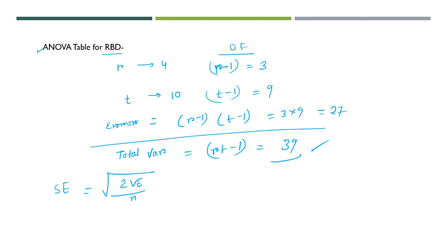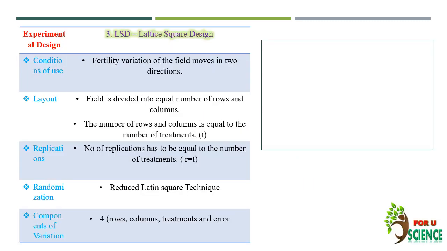Then if we see the efficiency in case of RBD, we can use up to 20 treatments. That is the maximum, or we can use more than that, but it will not be so efficient. RBD is mostly used in agricultural field experiments. Then we discuss the lattice square design, the LSD.